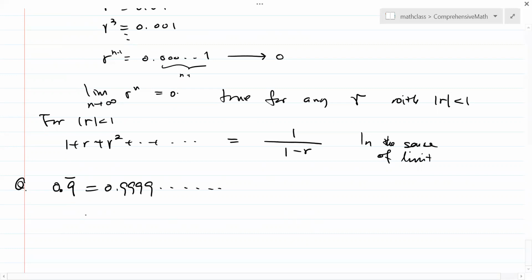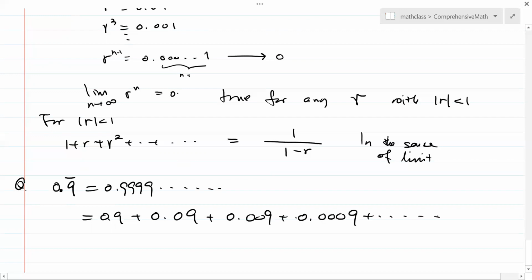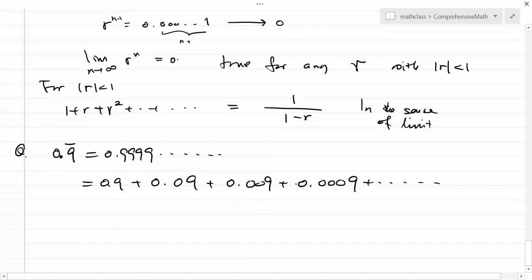It means 0.9 plus 0.09 plus 0.009, and keep it going. This can be viewed as the sum of infinitely many terms, where each term is 9 over 10, 9 over 10 squared, 9 over 10 cubed, 9 over 10 to the 4th power.